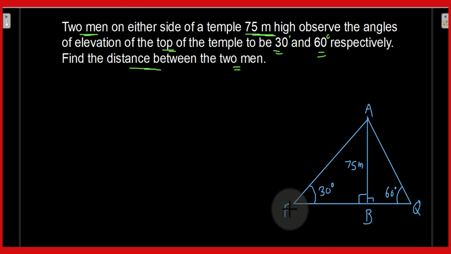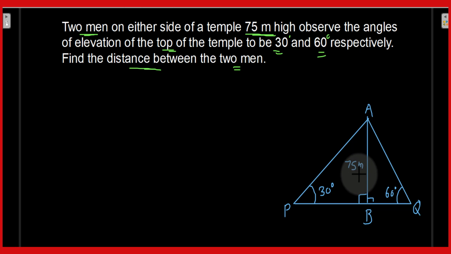Friends, two men P and Q are standing on either side of the temple, means one is on this side and the other is on the other side of the temple, and AB is a temple whose height is given as 75 meter.